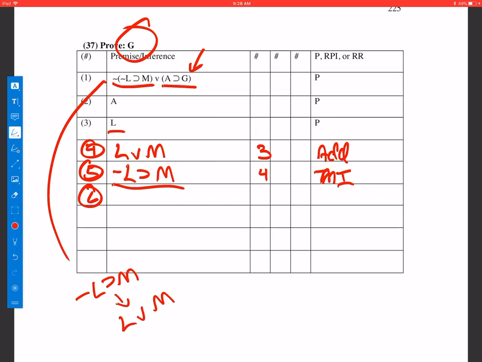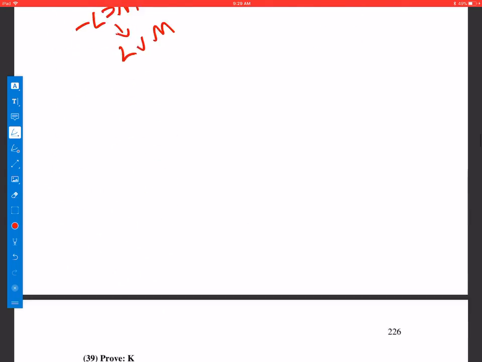And line 5 is the opposite of the first disjunct on 1. So we can do a disjunctive syllogism and get A then G from 1 and 5 DS. And now with the A on line 2, we can get our G, 6 modus ponens.